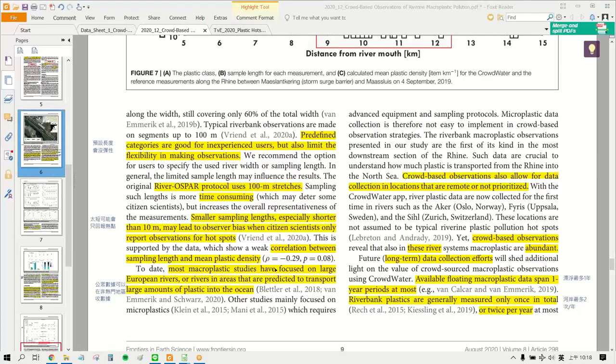Most macroplastic studies focus only on some large rivers. So citizen science can focus on smaller rivers or rivers without people's attention. They said some not so popular rivers already have surveys in these apps.